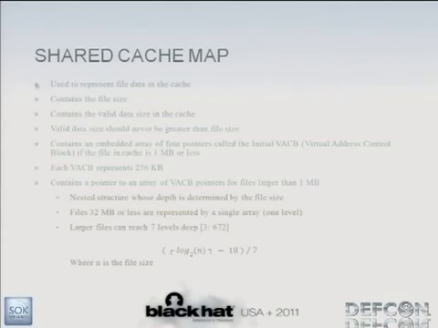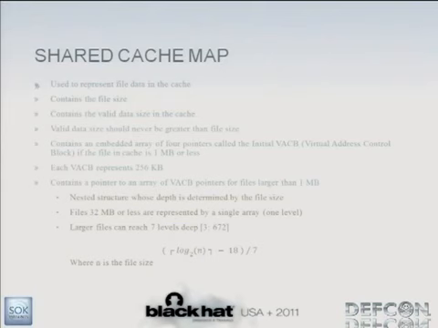It really all depends. So the shared cache map structure is actually defined by Microsoft and in WinDbg. It contains the file size, the amount of valid data within the file, within the cache. The valid data should never be larger than the file size, because if that happens, then you're actually looking at uninitialized data.